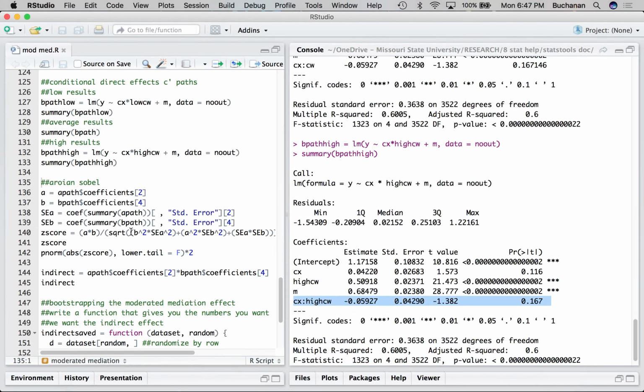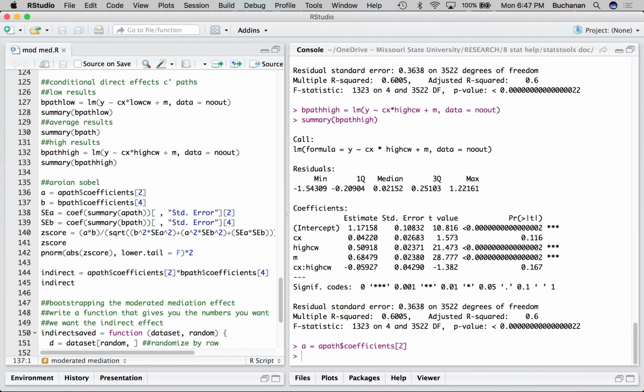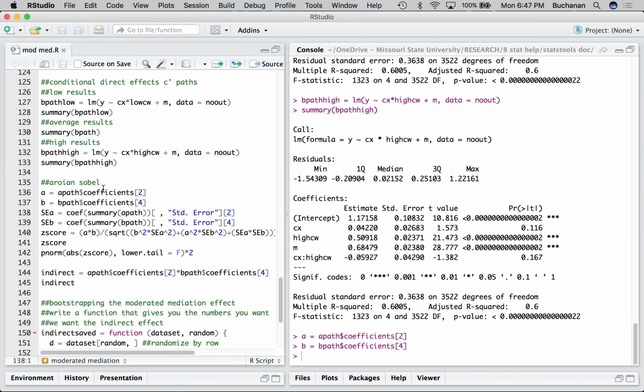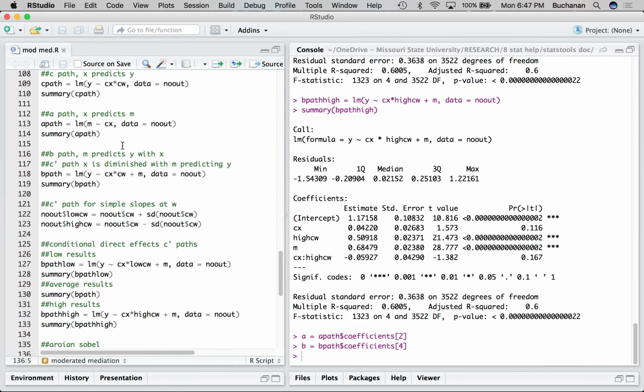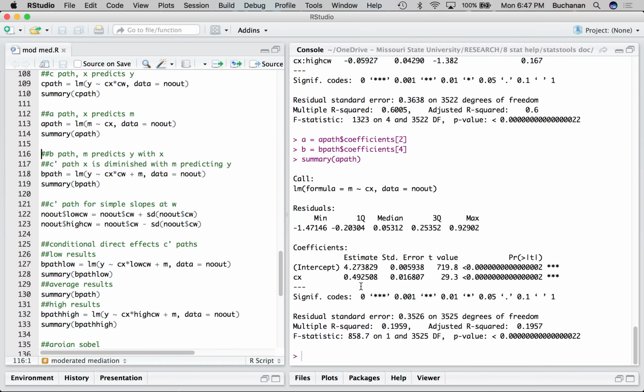That is going to be the A path, which is X predicting M, and the B path, M predicting Y, and that has not changed this entire time. That's how I pulled it. I just pulled these from these coefficients. So the A path is X predicting M, and that's this 0.49.